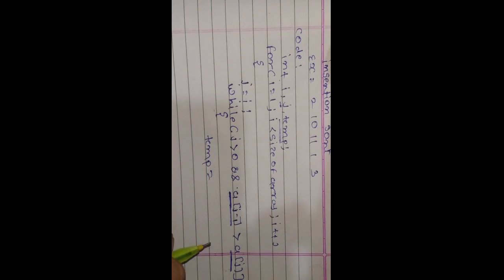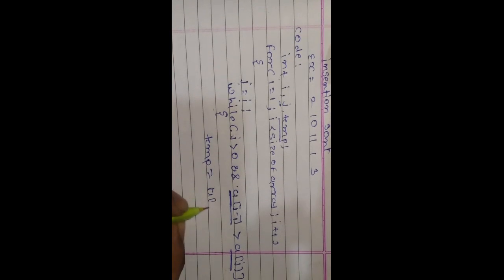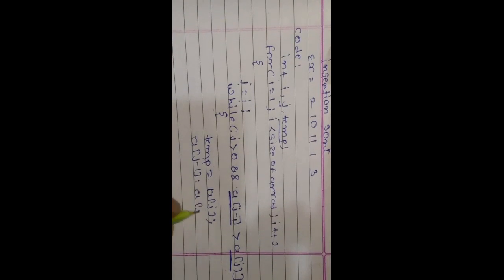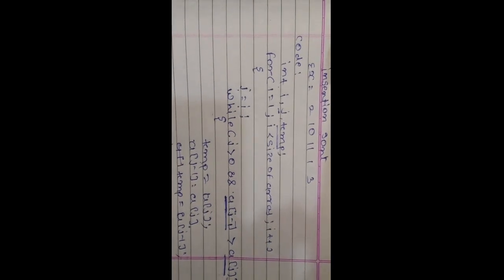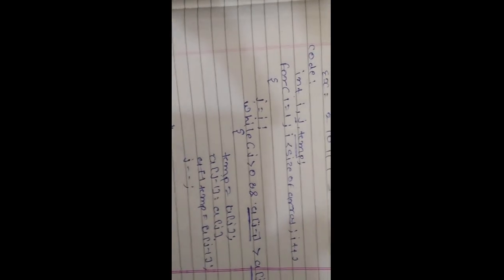There are many methods for swapping, so I simply use this way to swap the values. So a[j minus 1] equal to a[j], and a[j] equal to temp. Okay, then at the end we do j minus 1.